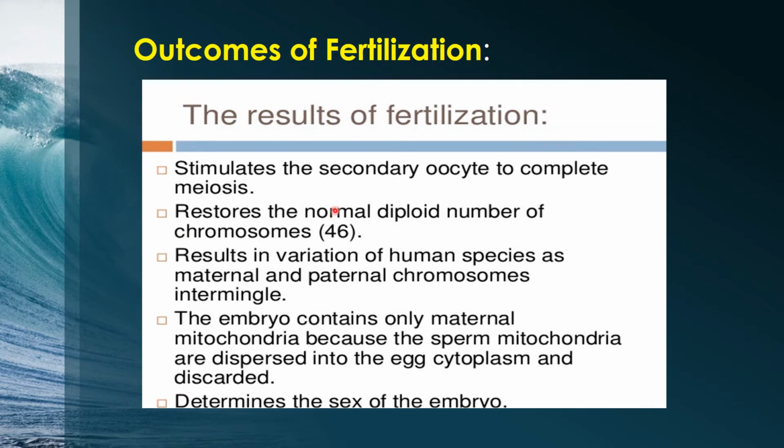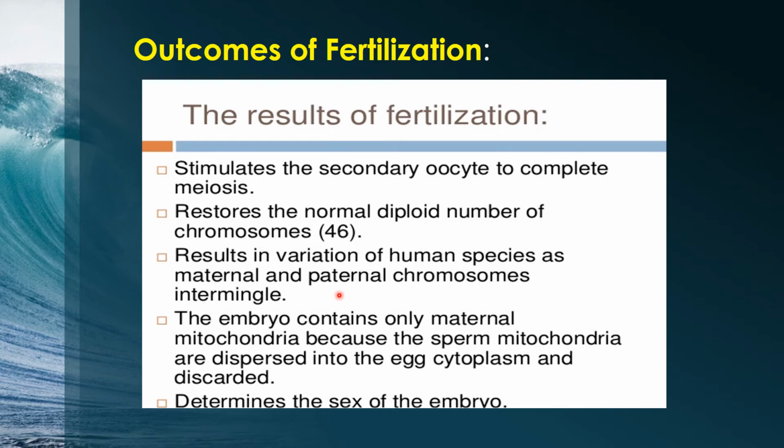As a result of the fertilization, the secondary oocyte completes its meiosis, that is, the second meiotic division is completed. The normal or diploid number of chromosomes, that is 46, is restored, and it enables genetic variability, or variation of the human species, as the maternal and paternal chromosomes intermingle with each other.